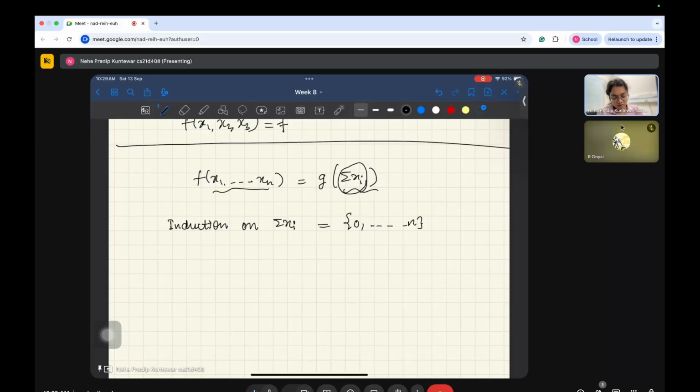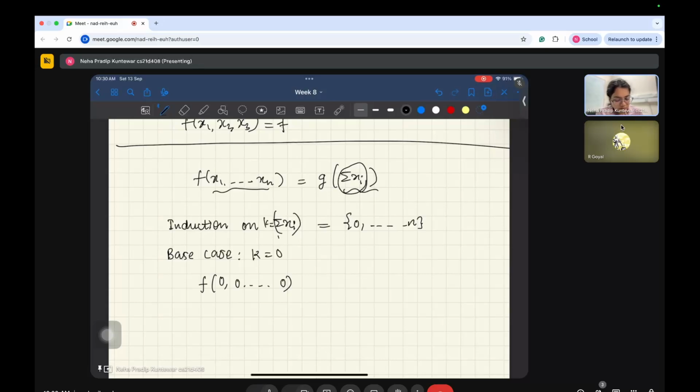Naturally, the base case would be, say the summation, I'll call this k. Let's say that the sum is 0. Then how can that happen? That can only happen if all the variables take a value of 0. There is only one case.